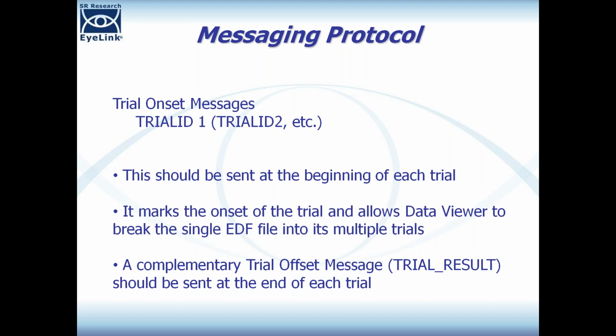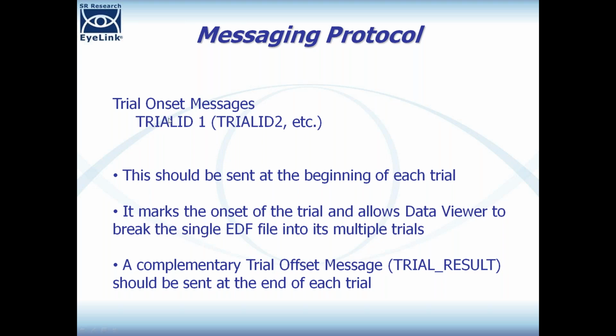When you are running an EyeLink experiment, you're typically going to save one EDF file, or one EyeLink data file, for each participant. But you want that data file to be broken down into multiple trials. So at the beginning of each trial, you send a message that marks the onset of that trial.